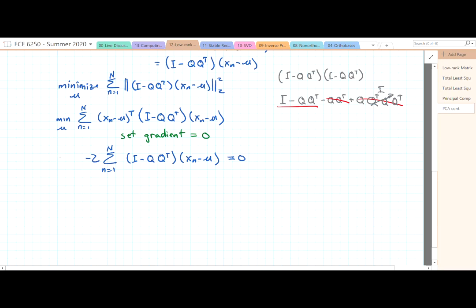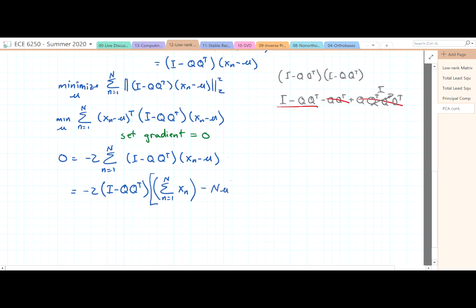And it's also equal to minus 2 (I minus Q Q transpose), which is now no longer a function of this sum. And as far as that goes, the only thing that's a function of n here is x_n.